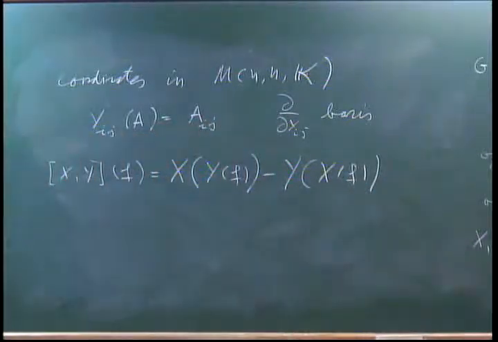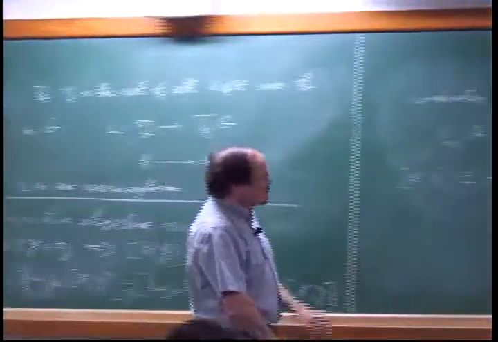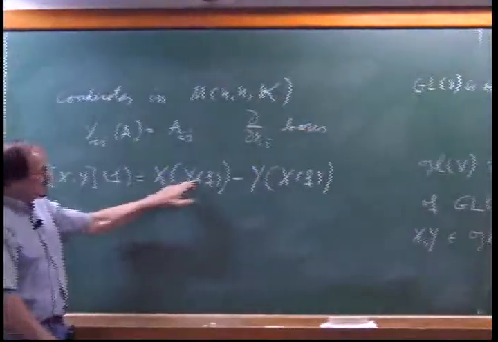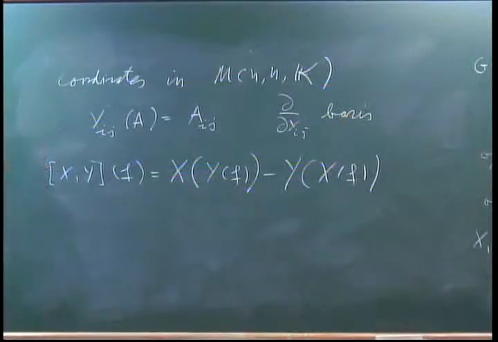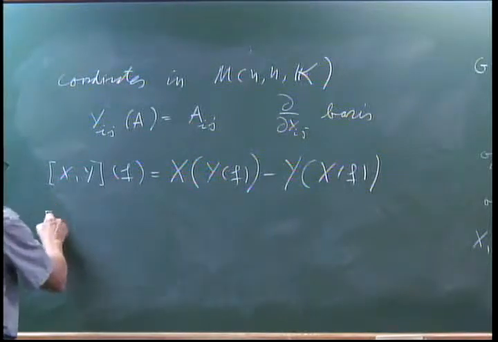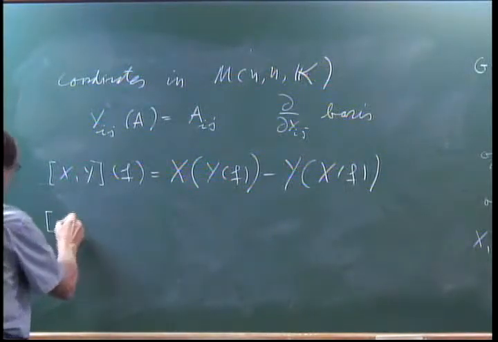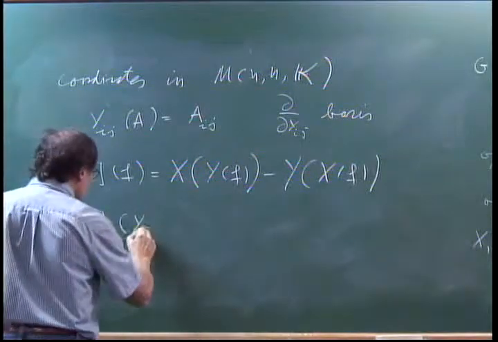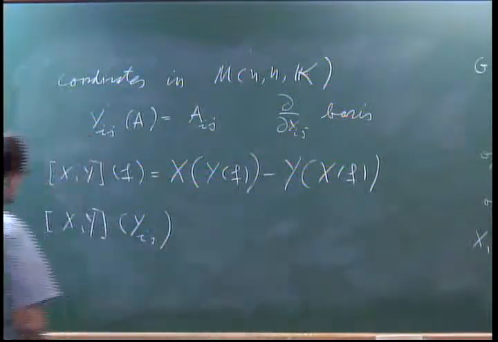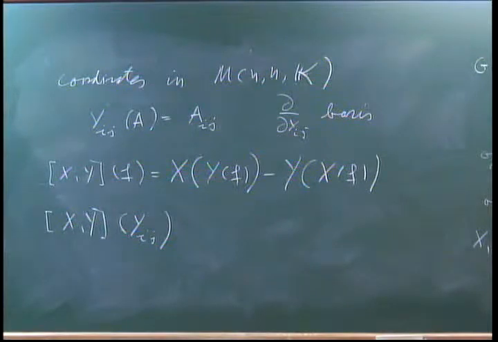So this is the Lie bracket definition in terms of derivations. y is a derivation applied to f, I get a function. x is a derivation applied to this, I get a function. Okay. If I want to compute that, it's sufficient to do this on a basis, to apply to the basis functions. So I want to see what that looks like.